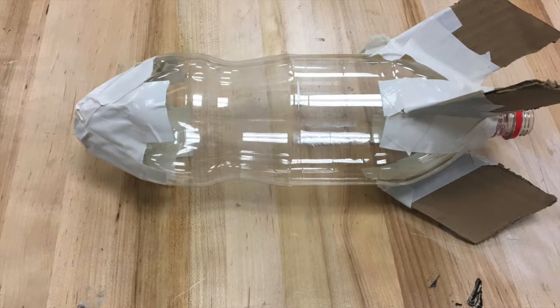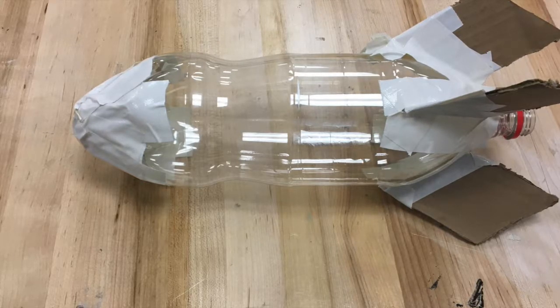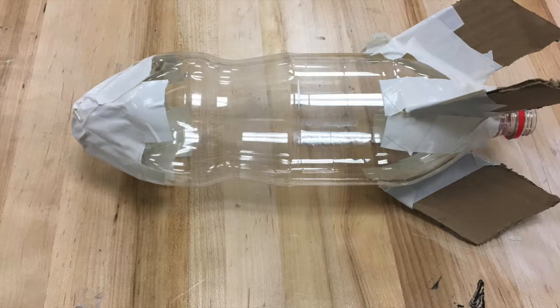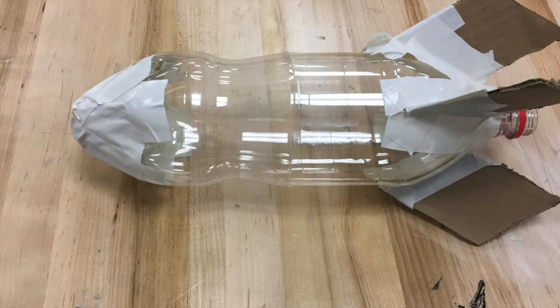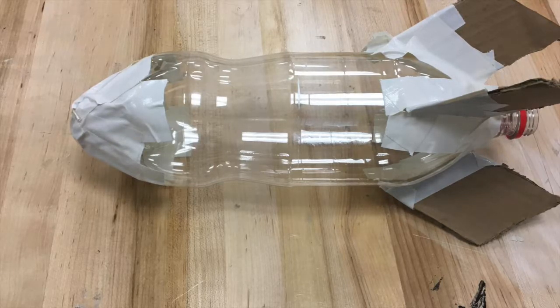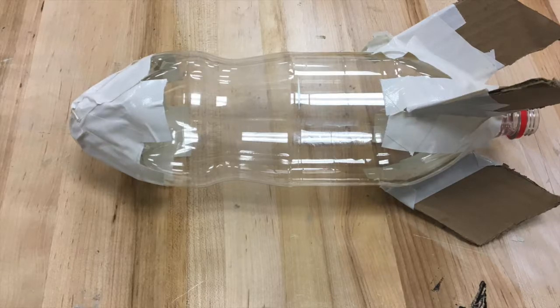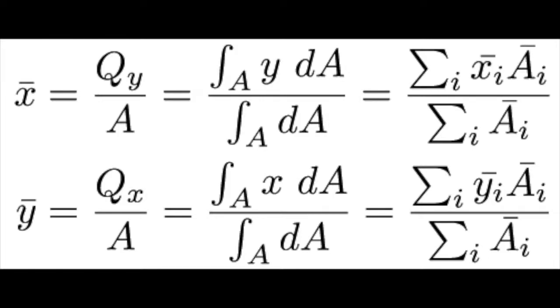The center of pressure I determined by finding the centroid of a 2D projection of the rocket. We can do this by splitting up the rocket's projection into simple shapes like ovals and parallelograms, and then you can use centroid equations to find where that is.